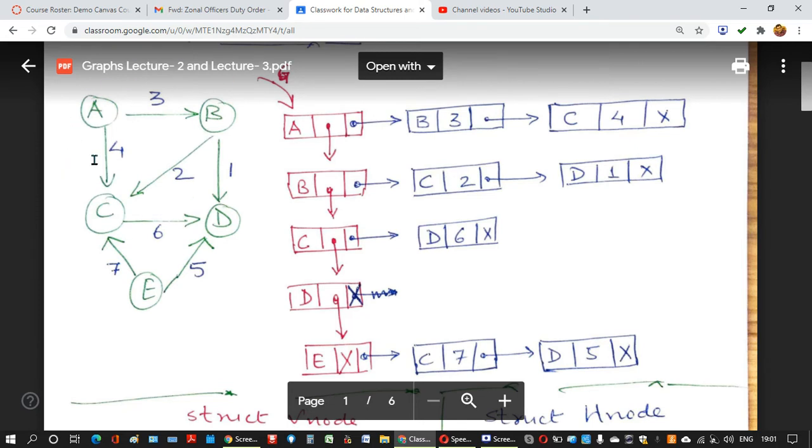They will keep information about these two outgoing edges. One is outgoing to B with weight 3, and another is from A to C with weight 4. So these two nodes give us the information that A to B is an edge with weight 3 and A to C is an edge with weight 4.